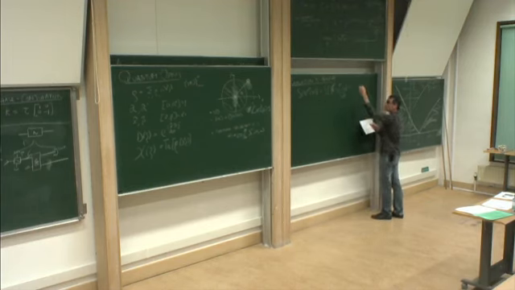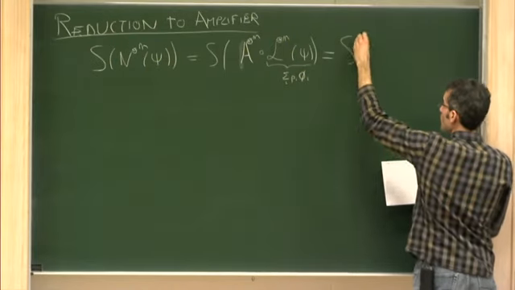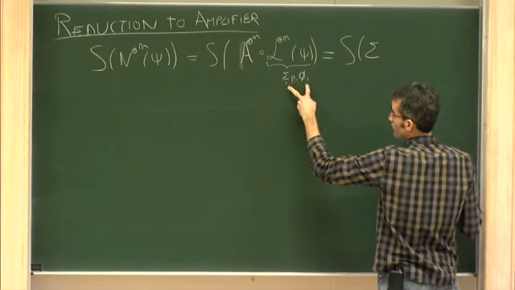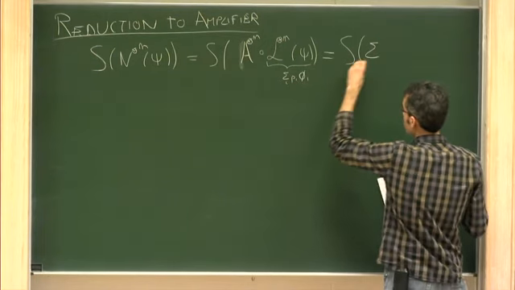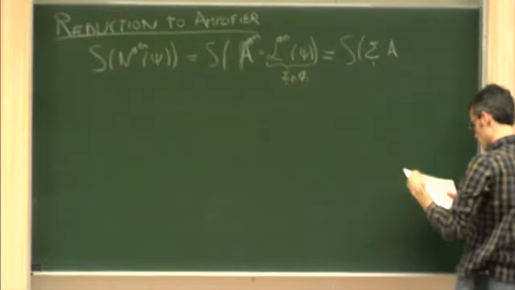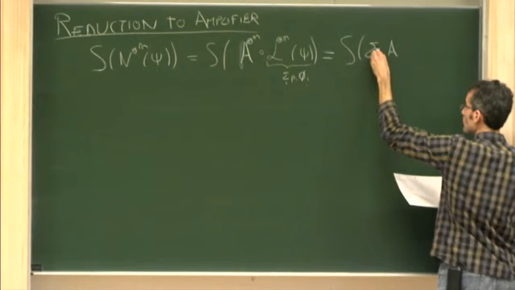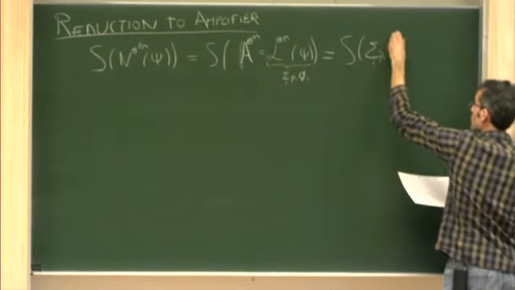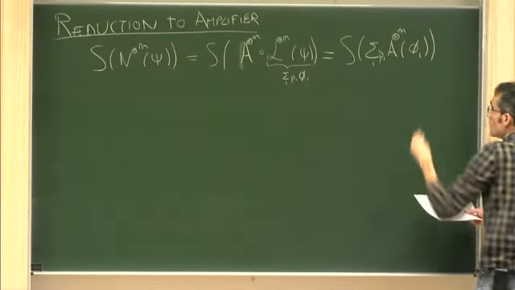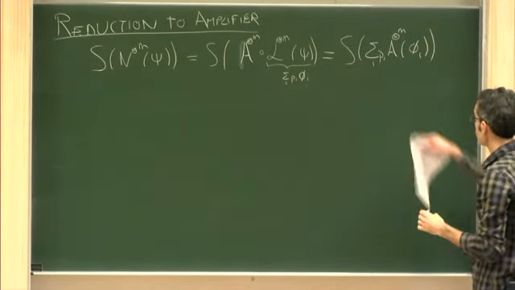Okay, so now I take the sum out because of linearity of the maps. Basically what I'm left with is this.